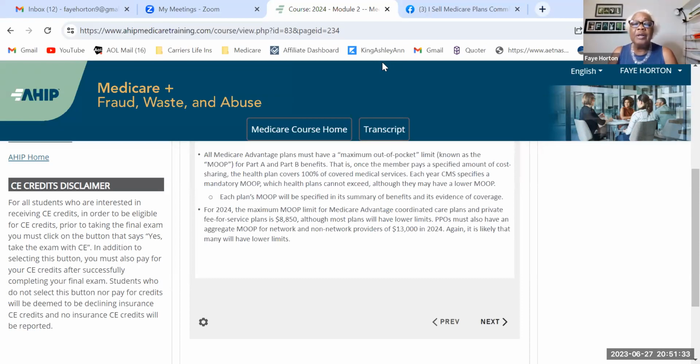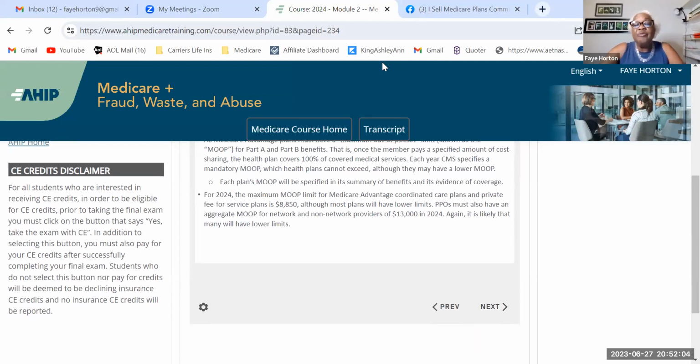So each year, CMS specifies a mandatory MOOP, which the health plans cannot exceed. However, some carriers will have a lower maximum out of pocket than is mandated by CMS. Each plan's maximum out of pocket will be specified in its summary of benefits and in its evidence of coverage.